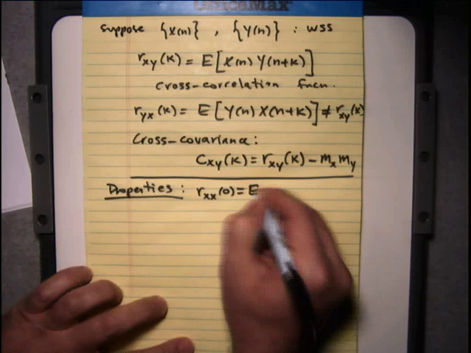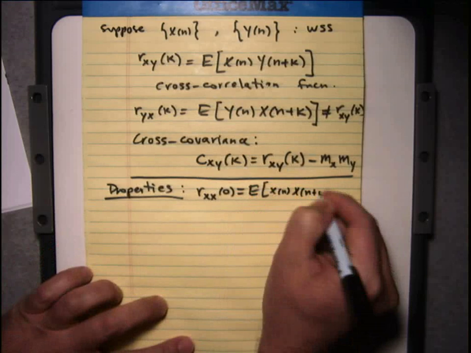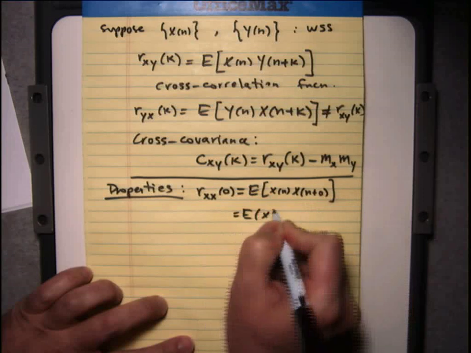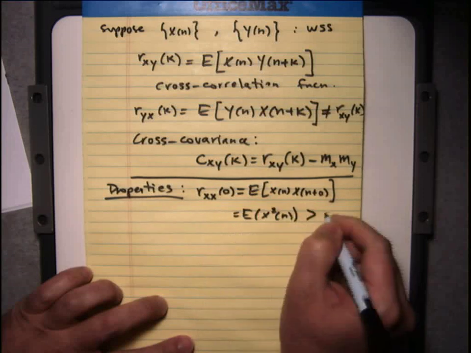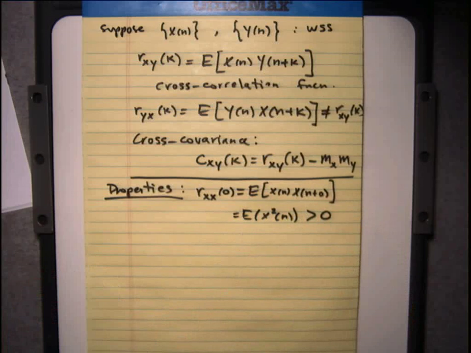Well, this is the expected value of x of n times x of n plus 0, right? So this is the expected value of x squared of n, which means that it always has to be positive. Okay? So in other words, if you make a plot of this function, at 0, it has to be positive.